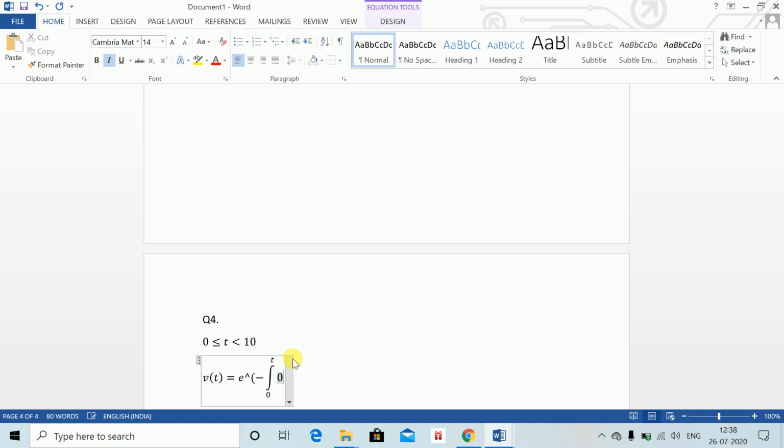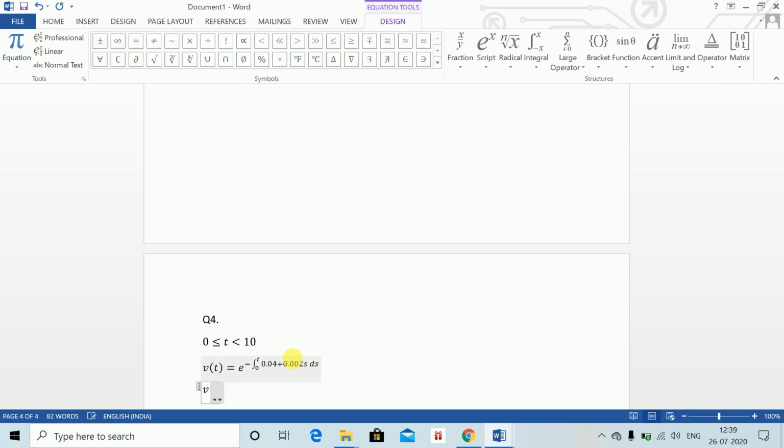Then you write your equation, 0.04 plus 0.002 s, ds. This completes our values, and then you can solve it.